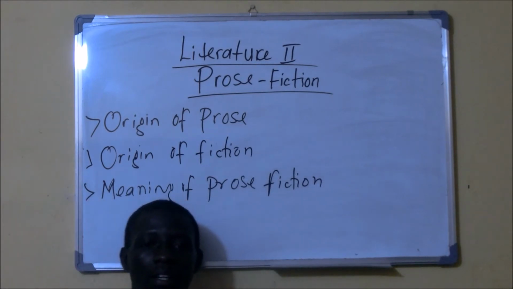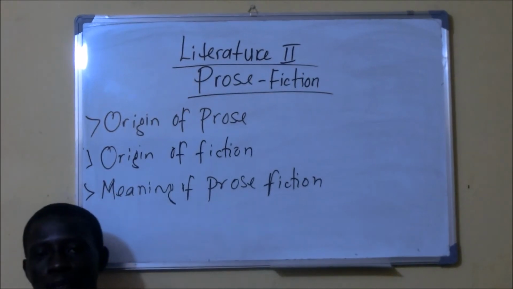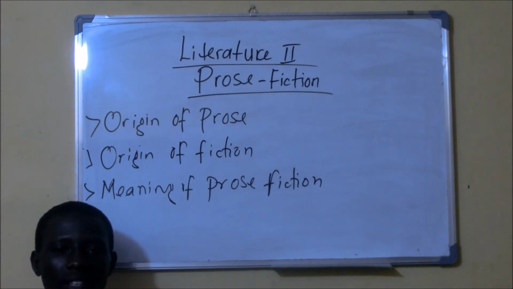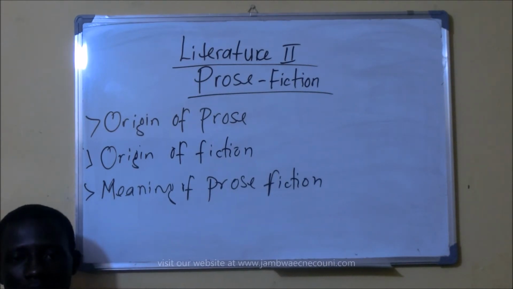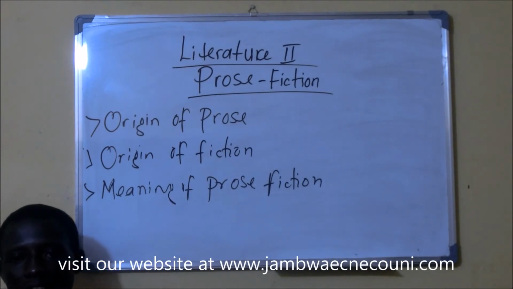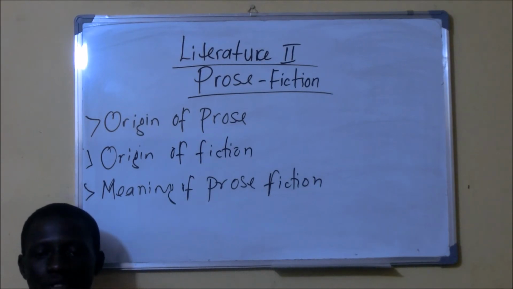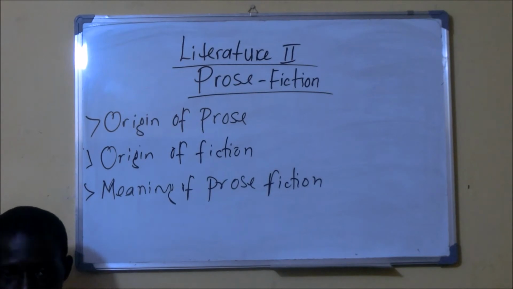Literature 2 centers on prose fiction. I want to talk about prose fiction, which happens to be the second division or genre of literature. Principally, literature has three genres. We have drama, we have poetry, and we have prose or prose fiction. So prose fiction happens to be the second aspect of literature.